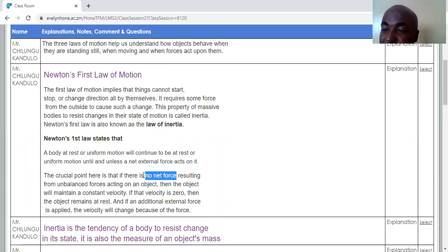So for us, constant velocity is a state of equilibrium. If a body is moving at a constant speed, then it is at equilibrium, meaning all the forces are balanced.